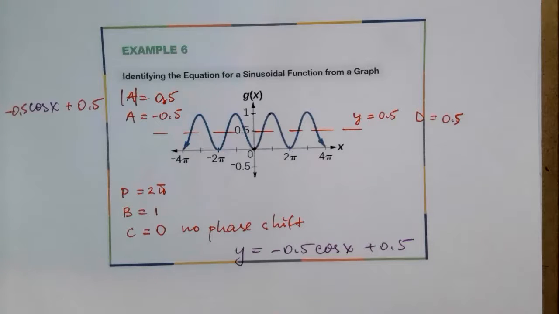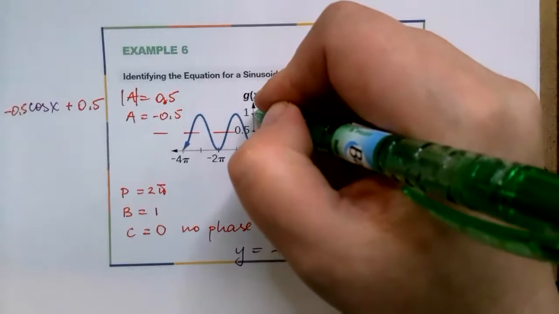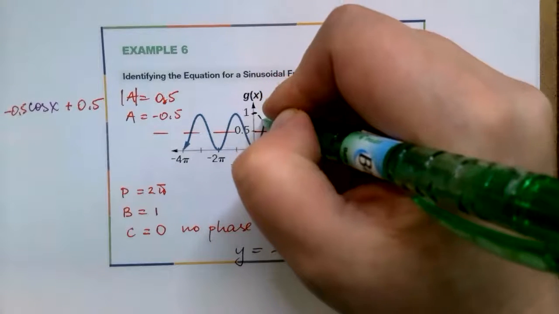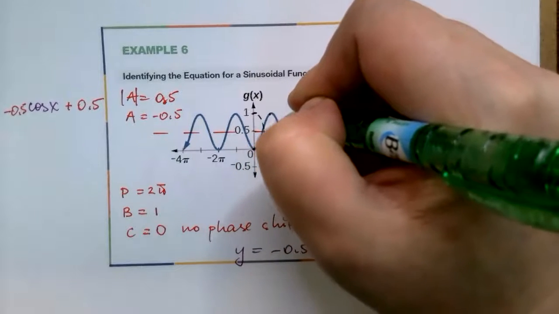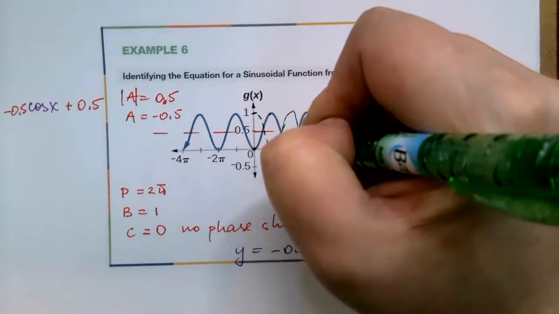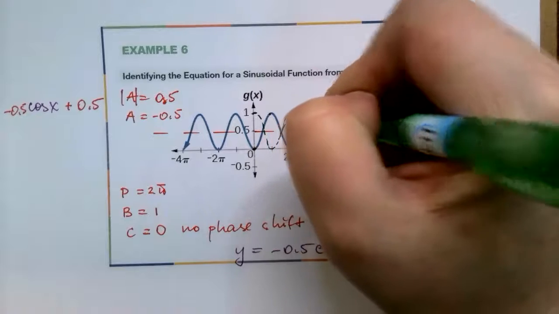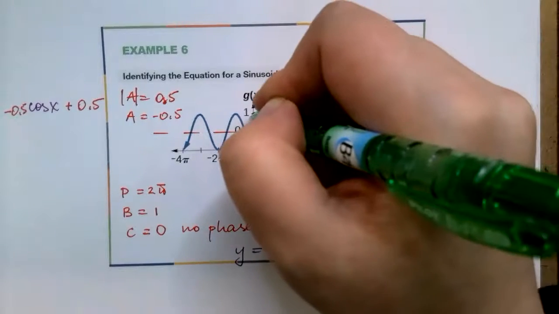I just wanted to explain a little more about the cosine. So the cosine function normally, translated, moved 0.5 up, would look like this.